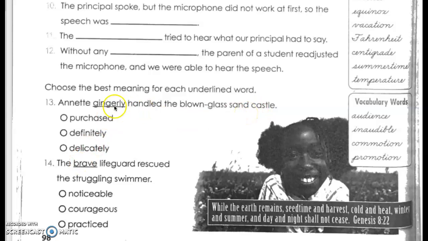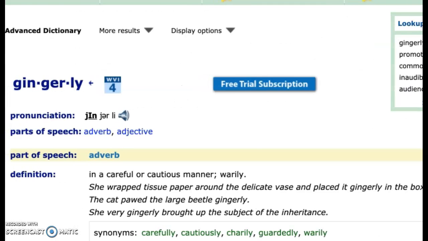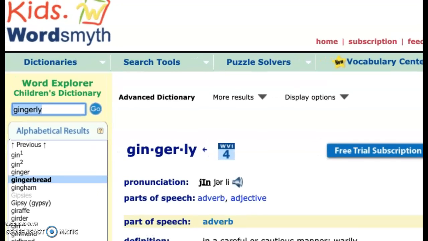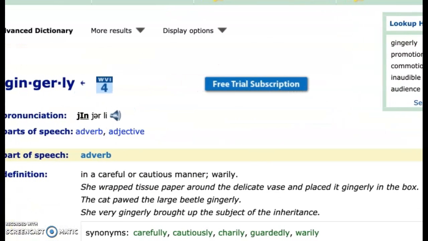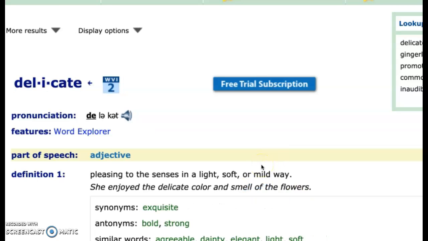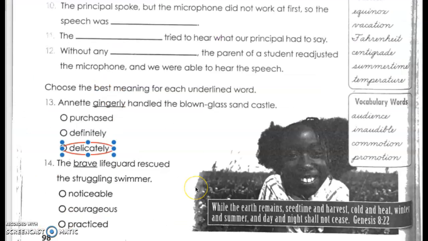But let's go ahead and look up the word anyway. So gingerly, so I'm on your favorite dictionary website. Okay. In a careful or cautious manner. So which word, hint, means to be careful not to break something? Got it. Great job listening to the instructions.